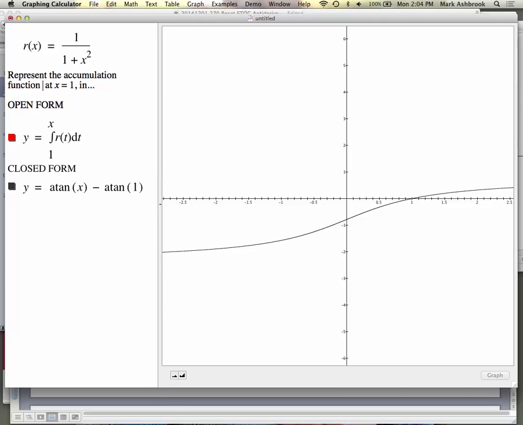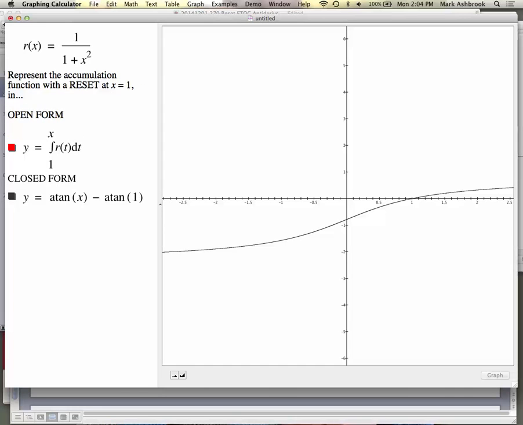So we represent the accumulation function with a reset at x equals 1. We're going to force it at x equals 1 to start over, so we get 0 accumulation at 1. Where did it start accumulating? Negative infinity. So it had been accumulating since negative infinity, and then we chose a reset at 1, so we got 0 accumulation at 1.